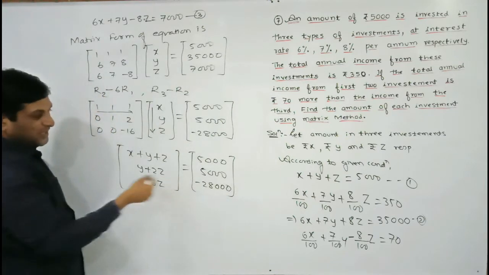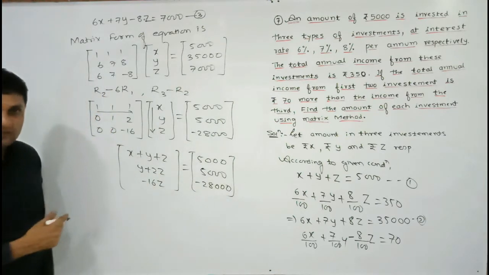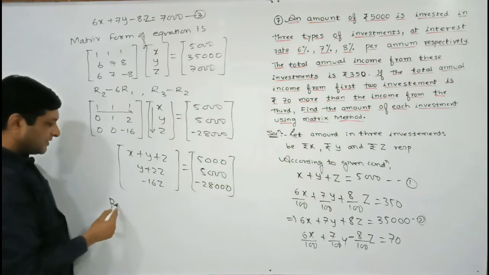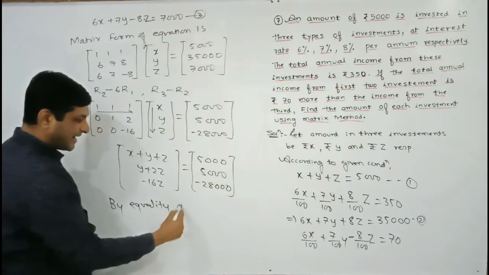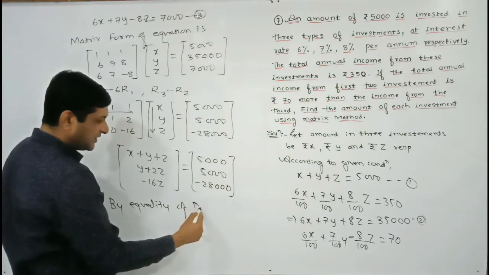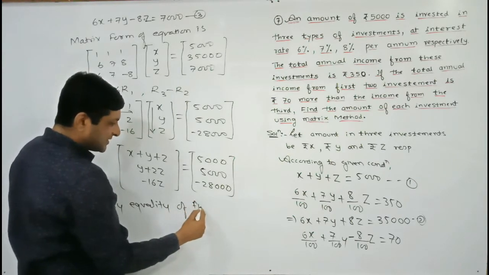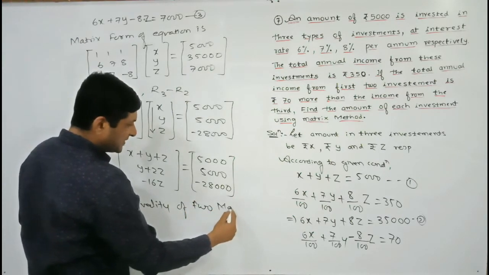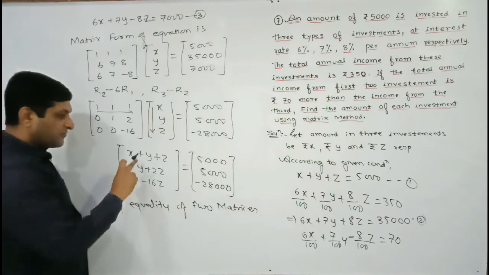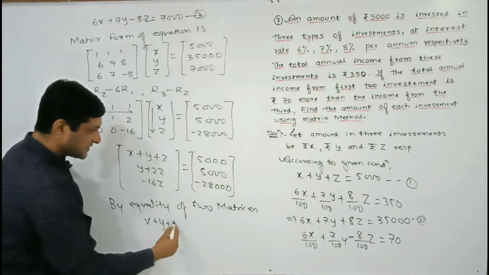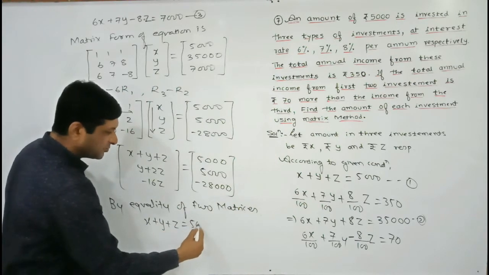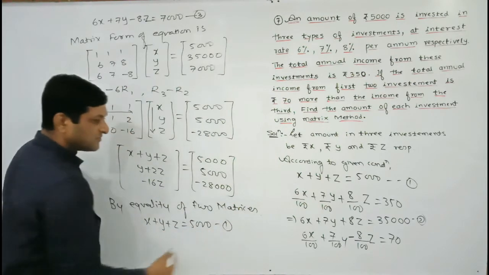So now here we can observe that these two matrices are equal, and since the matrices are equal, we are able to apply the definition of equality of two matrices. So by equality of two matrices, let us see what we will get here. What will be our first equation then? x plus y plus z will be equal to 5,000, denoted by equation first.